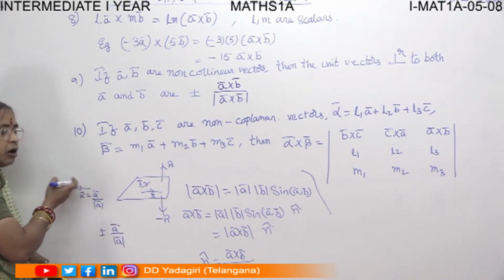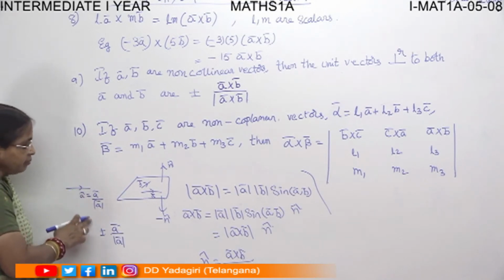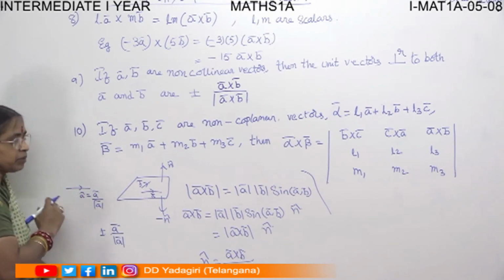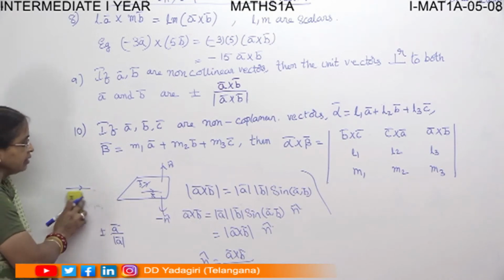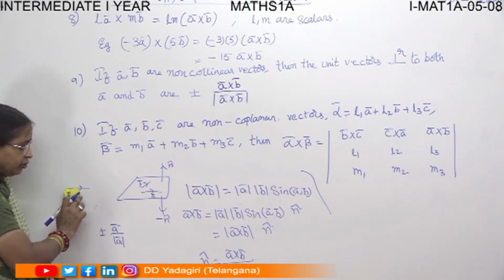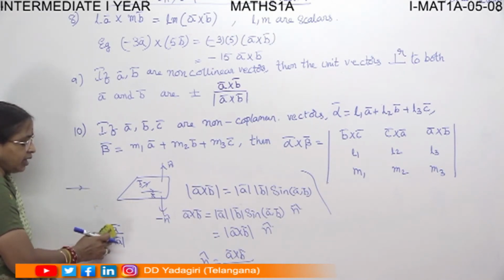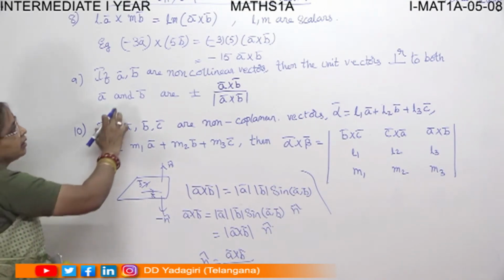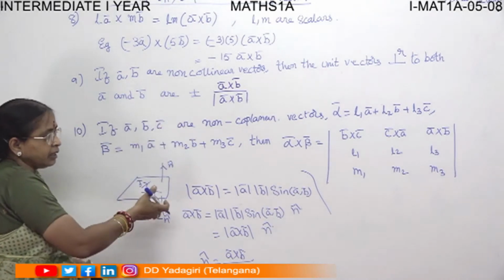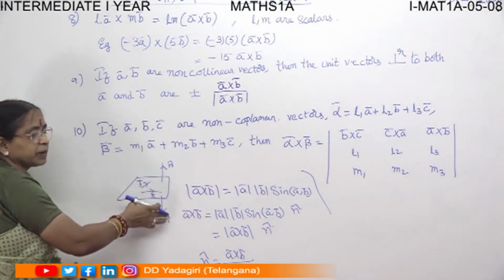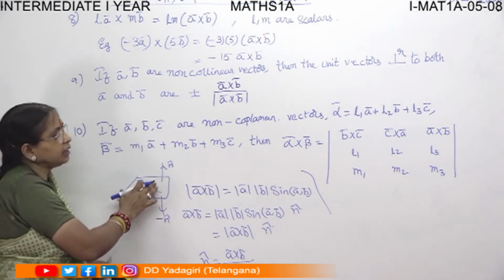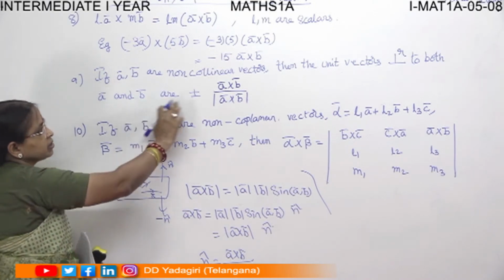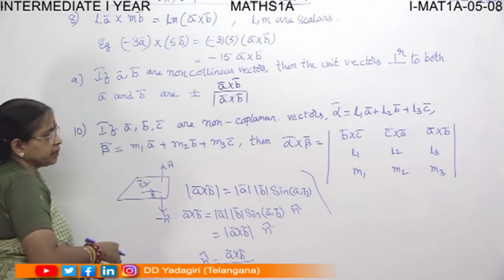The unit vector in the opposite direction of A is minus A cap, so minus A by mod A. So the unit vectors parallel to one vector are A by mod A, plus or minus A by mod A. That is regarding one vector. Here it is regarding two vectors, and they are perpendicular. The unit vector perpendicular to the plane containing A and B is given by this formula. This formula is very important. You please learn.